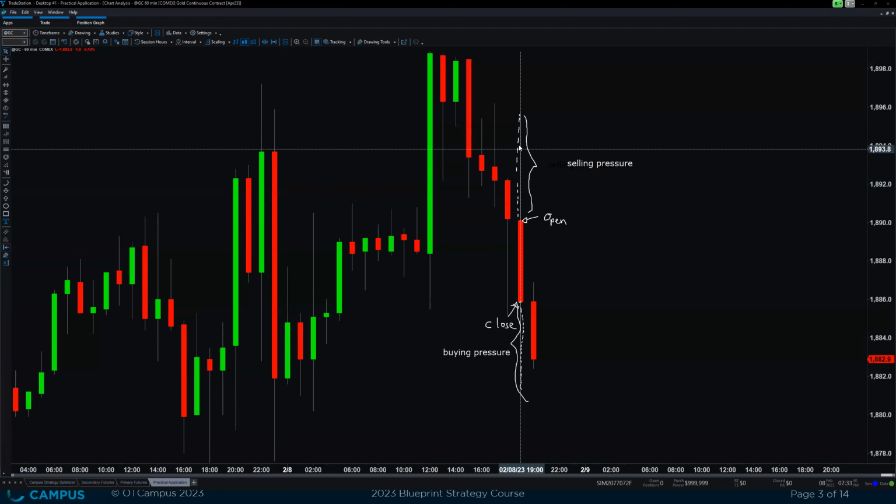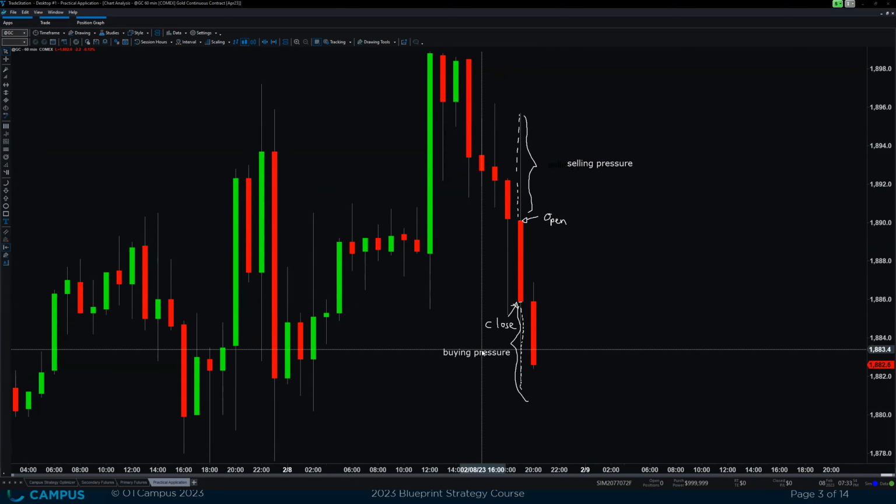Because price goes up first and then price is beaten down, a lot of selling pressure comes into play. And then price goes down all the way to here, and then price moves up, so there's some buying pressure that comes in here too. So the wicks are buying and selling pressure, and the body of the candle is from open to close. And then you have either red or green candles that tell you that price traveled up or that price traveled down.